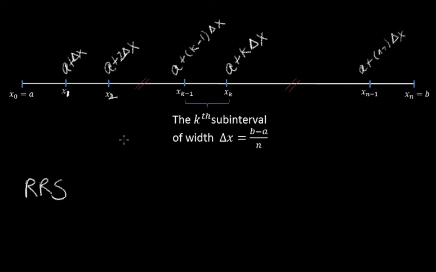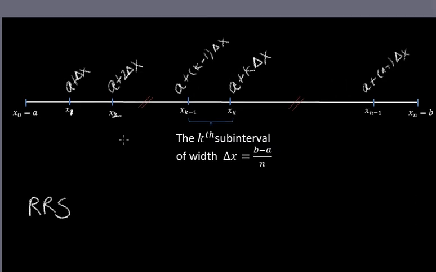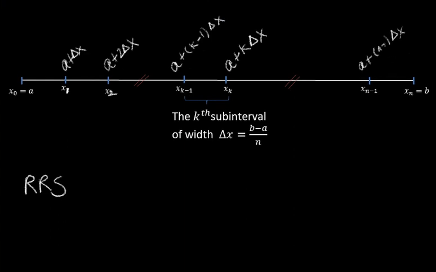So let's see. If we're choosing right endpoints, our Riemann sum will be the sum from k equals 1 to n. And all I have to do is express f of c sub k on the kth subinterval times delta x.